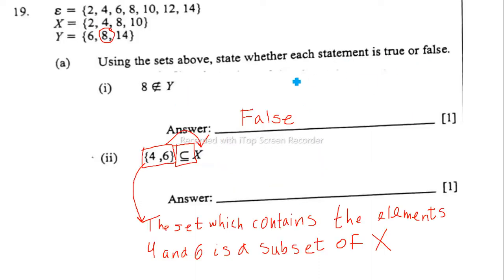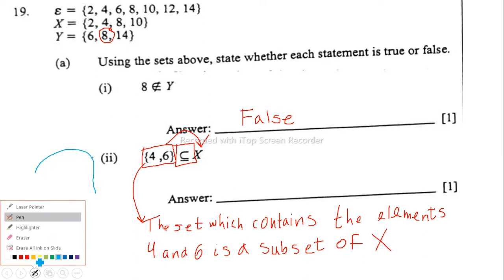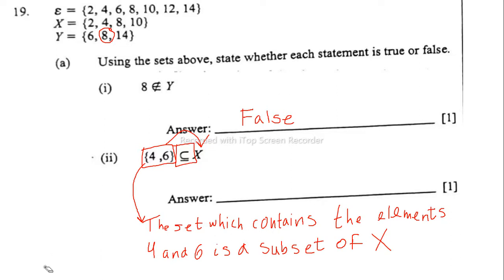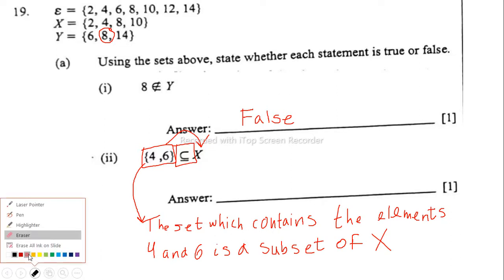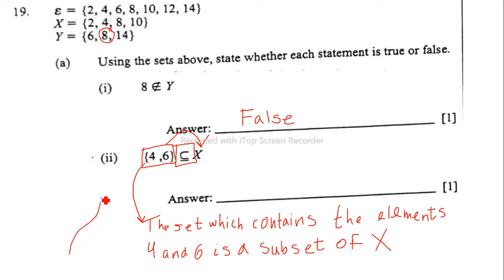So if we look at this, is 4, 6 a subset of X? Say no or yes. So let's look at X. This is going to be our X set. It contains the numbers 2, 4, 8, and 10.